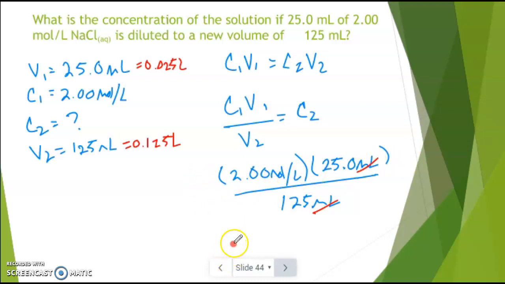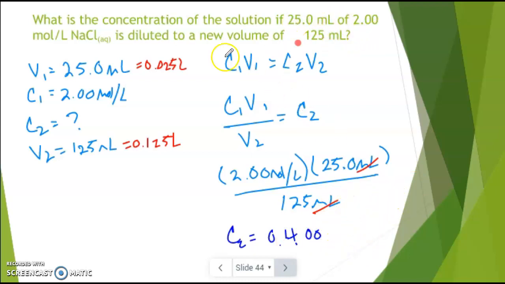We get our final concentration of 0.4 moles per liter.